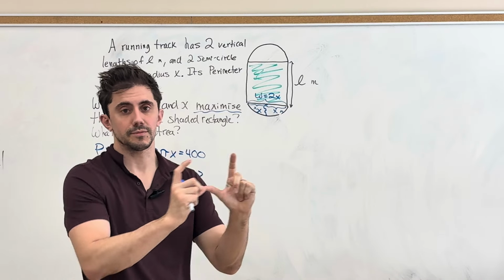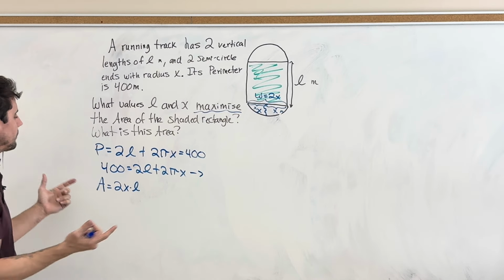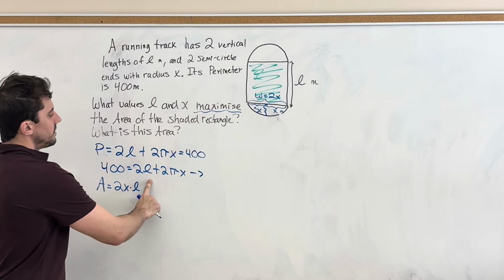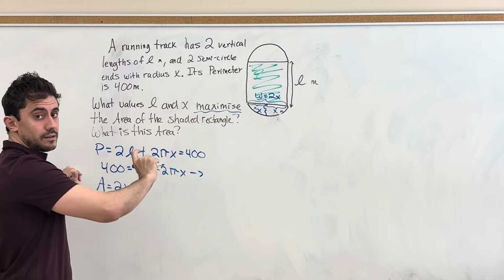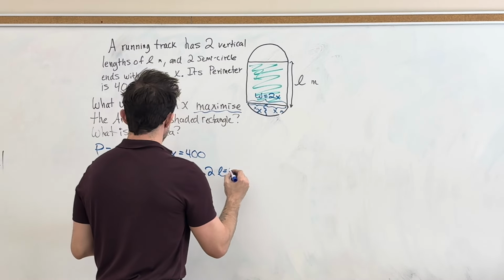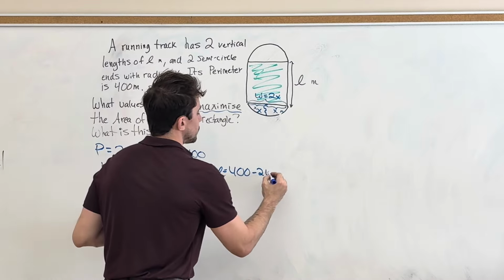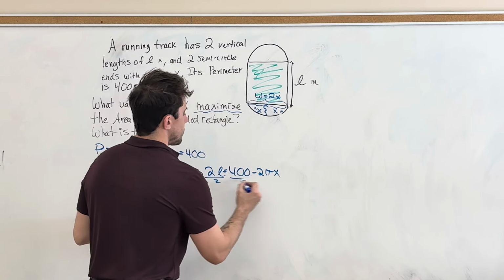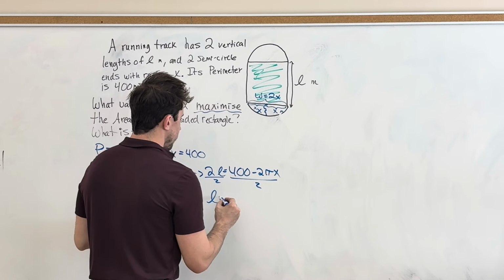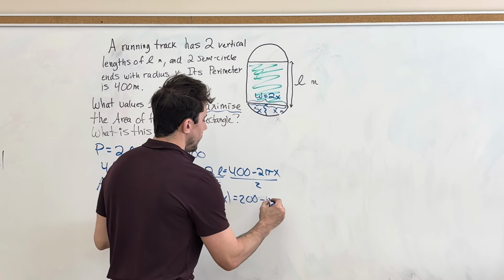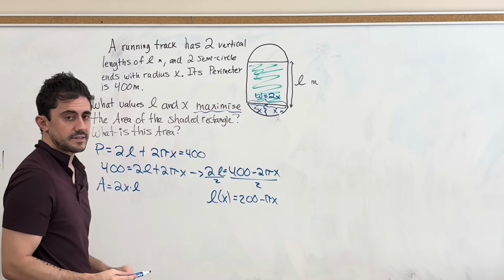I'm going to choose, somewhat arbitrarily, to write L in terms of x. So we'll have 2L is equal to 400 minus 2 pi x, and dividing everything by 2, we get L equals 200 minus pi x.